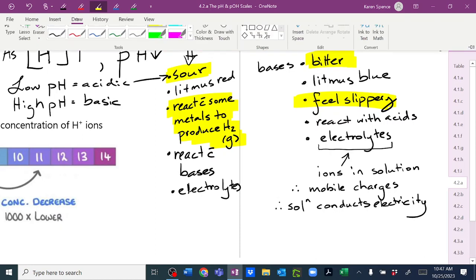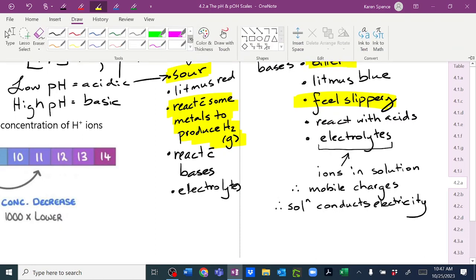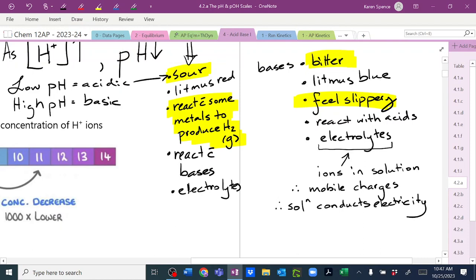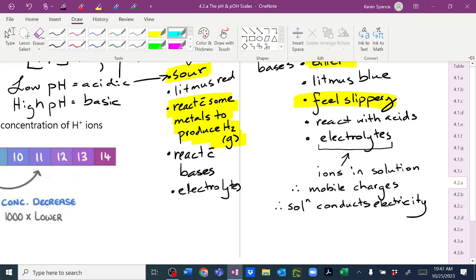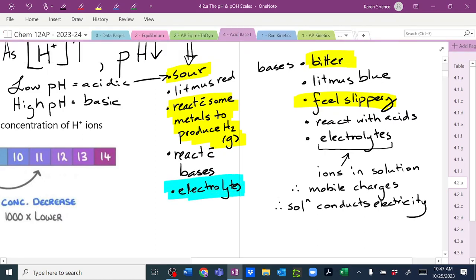And then we have that they are both electrolytes. So it's different, different, different, different, the same.